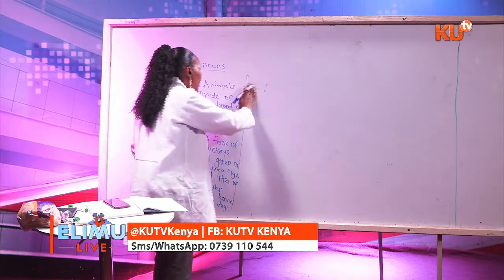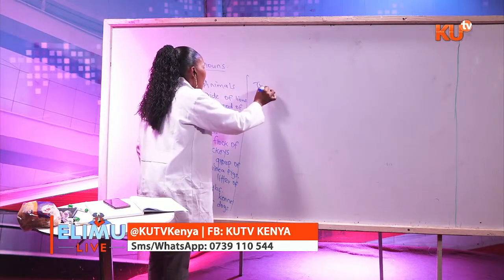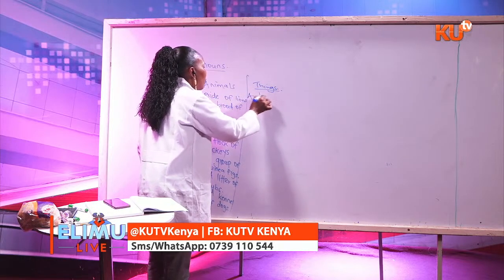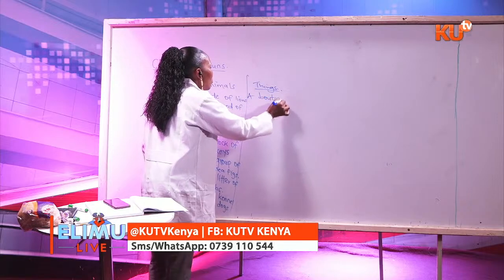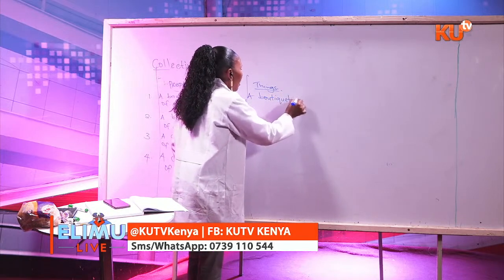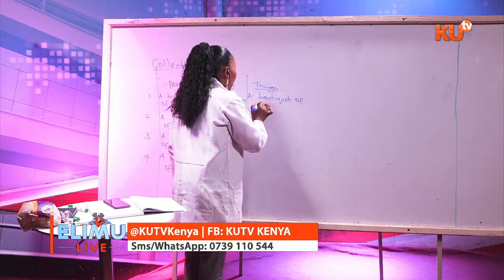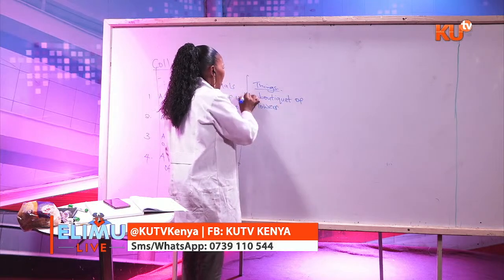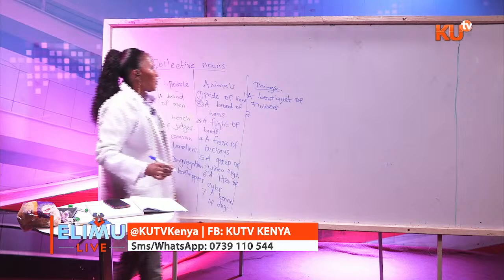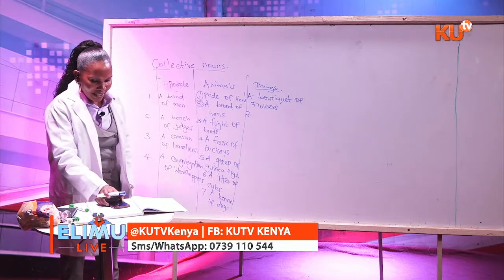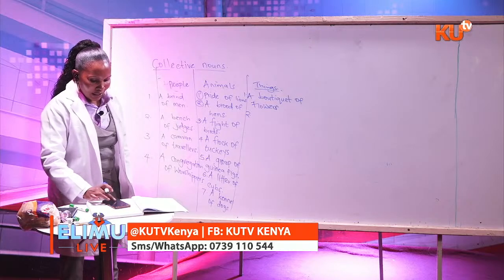Then we have things here. A bouquet of flowers. When we are using collective nouns, we can still get so many things from them.